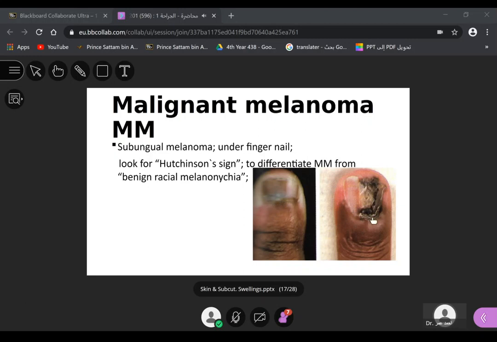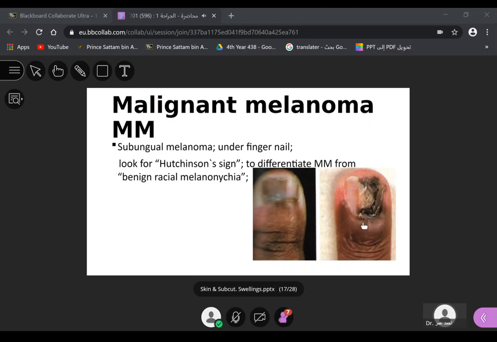But if the nail fold is invaded, infiltrated, and swollen, then this is most likely malignant melanoma. The point here is that there is more than one condition that can give rise to a black lesion in the nail.